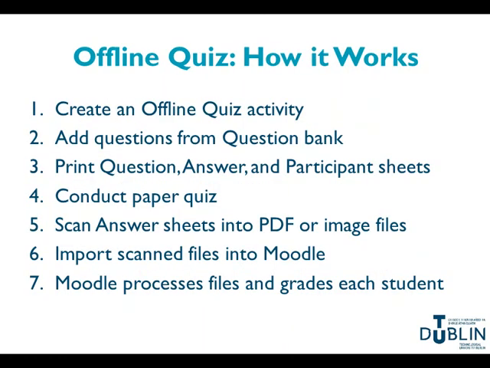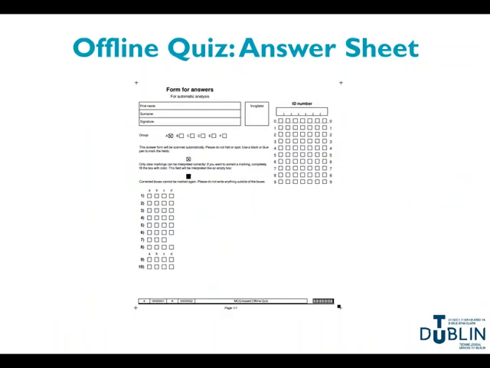So it's a more efficient way of doing things, and it's a possibility for situations where you don't have access to a computer lab. You essentially have a question sheet and a blank answer sheet, and students fill in their name and their student ID number and the answers to each of the questions.